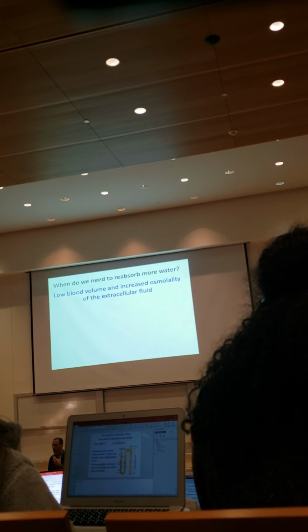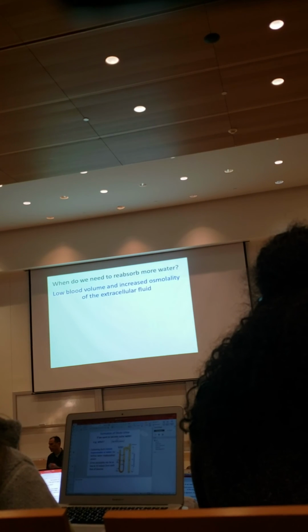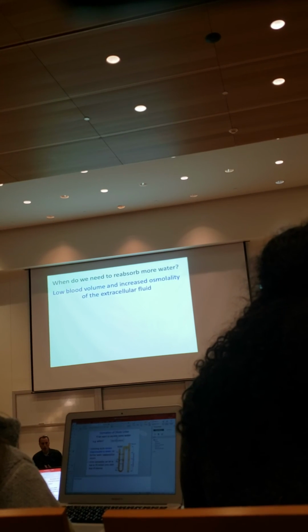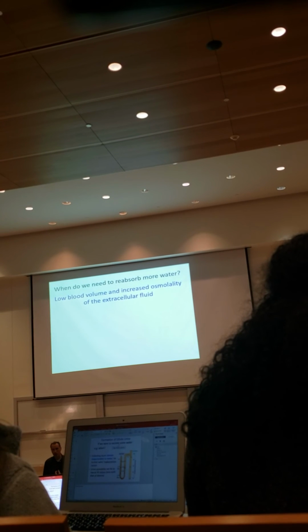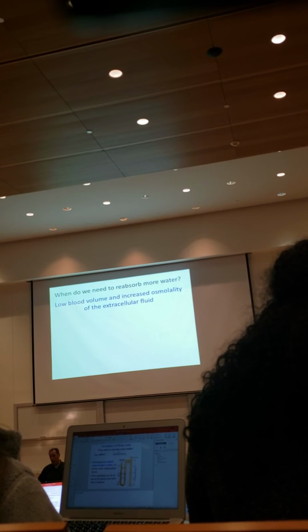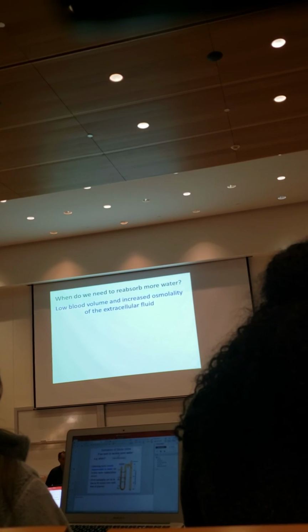Where is that part of the body that is going to tell me about osmolality in general? Hypo something? Hypothalamus, right? This is where we have the thirst center. So when we don't have enough water, the hypothalamus is going to tell us two things. First of all, drink more. Yeah, drink some water, right? Second of all, it says don't get rid of all the water in the restroom, keep some, retain more.